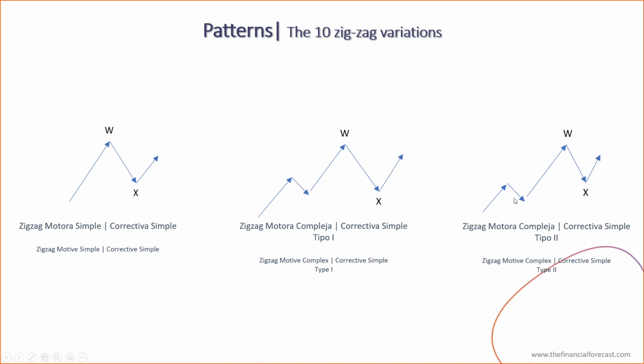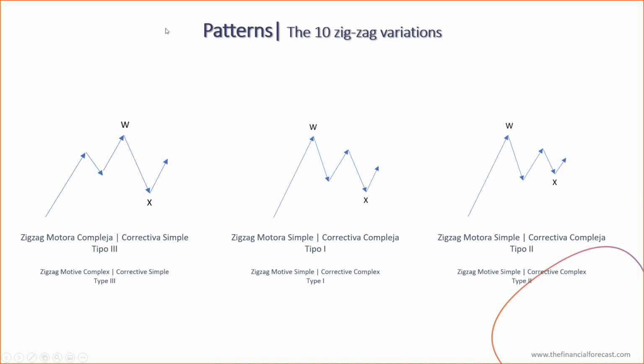In this case, it will be shorter, and the corrective wave will find the end around the third motive wave of wave W. Then we have type 3, where the wave X will find its end within the first motive wave, within the wave W.